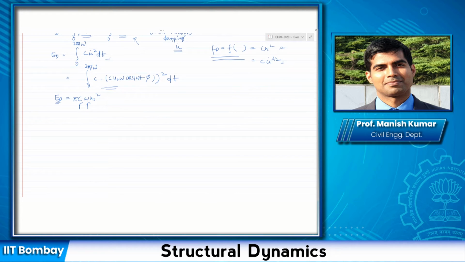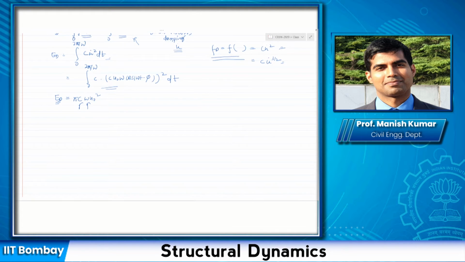If you are applying a very high excitation frequency, then it would dissipate more energy compared to low frequency motion. And if your amplitude of the motion is high, then again it is going to dissipate more energy.